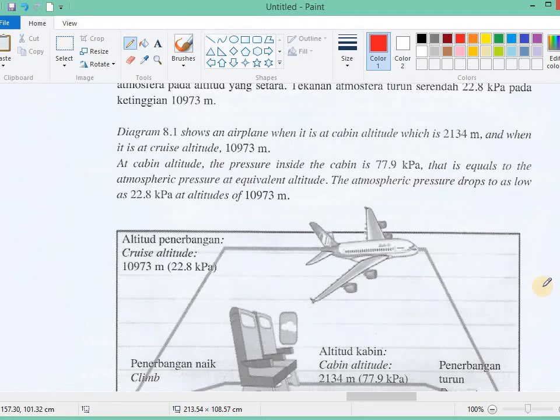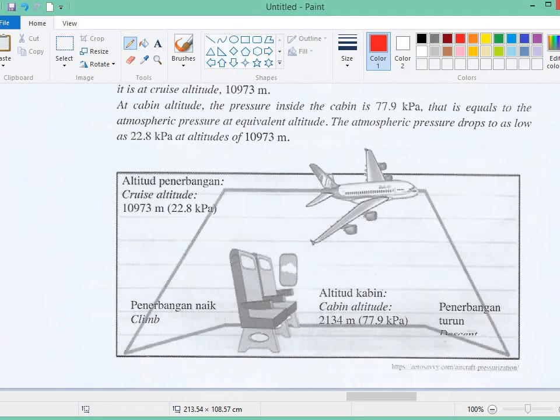So basically it means that when the aeroplane is at 2,000 meter, the pressure is already quite low compared to on the ground. When it goes up until the cruise altitude, the pressure will drop until 22.8 kilopascal, which is very low.